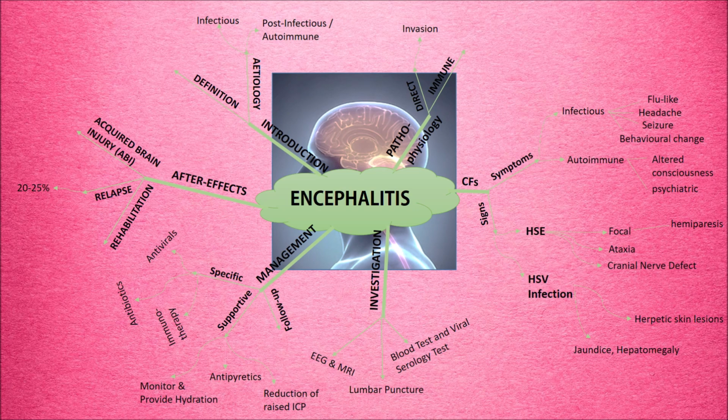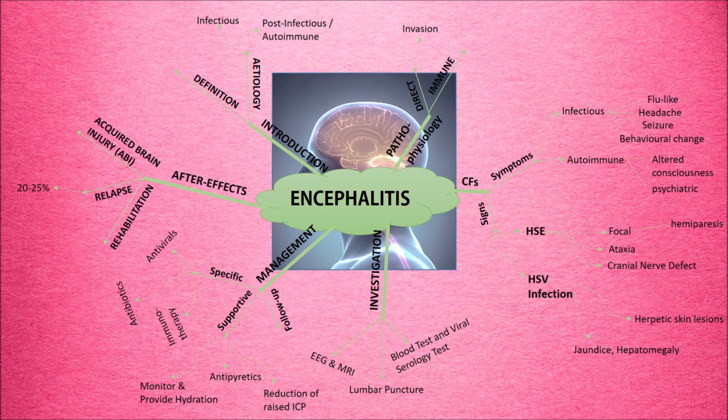Examples of viruses that can cause encephalitis are enterovirus, RSV, herpes virus, EBV, or HIV. Bacterial encephalitis is very uncommon, but worldwide there are still cases of it. What are the organisms that can cause bacterial encephalitis?